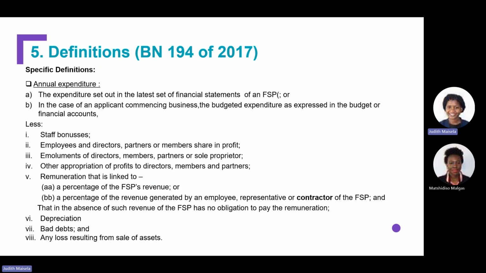You also list the remuneration that is linked to a percentage of the FSP's revenue or a percentage of the revenue generated by an employee, representative, or contractor of the FSP, and that in the absence of such revenue that we have mentioned above, the FSP has no obligation to pay the remuneration. You also list depreciation, bad debts, and any losses resulting from the sale of an asset.